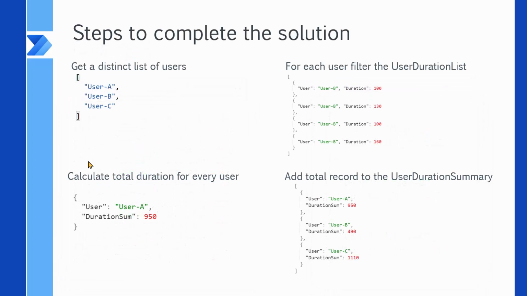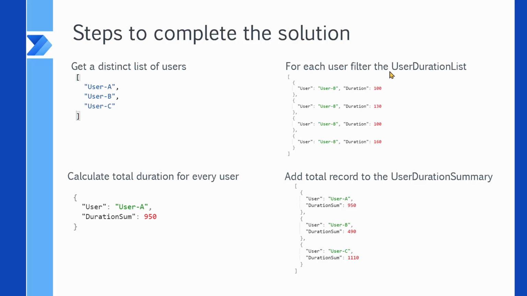Now let's get into work. There are 4 steps that we need to take. First, we need to get the distinct list of users. I create an array of strings, which includes user A, B, and C, or whatever other users you can find in the initial list. Then, I want to go through every single user and filter the user duration list, the initial list that we had, based on this user so that I can calculate the sum of duration based on that.